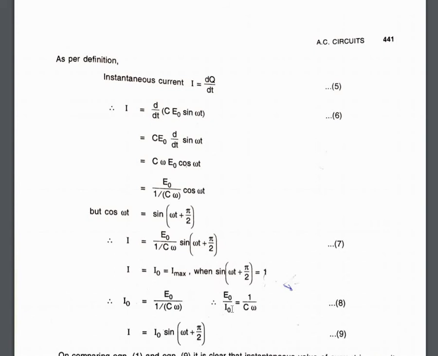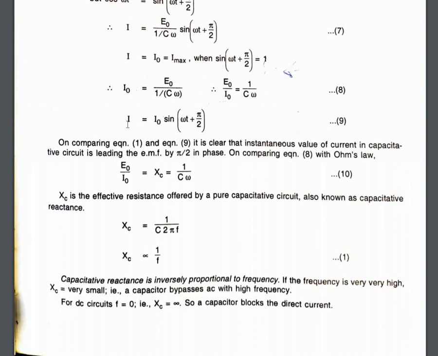E0 by I0 is some sort of resistance offered by the circuit. So you get I is equal to I0 sine of omega t plus pi by 2, and E0 by I0 is given by X. This effective opposition or effective resistance is known as the capacitive reactance.